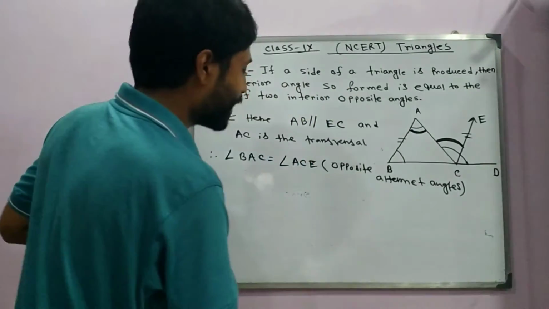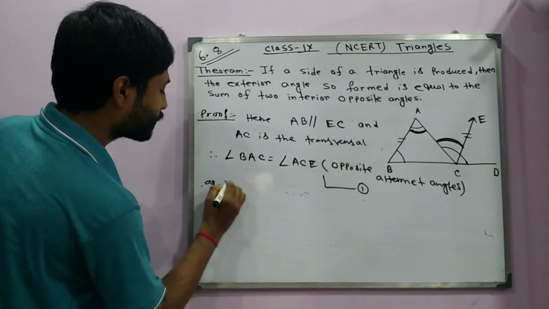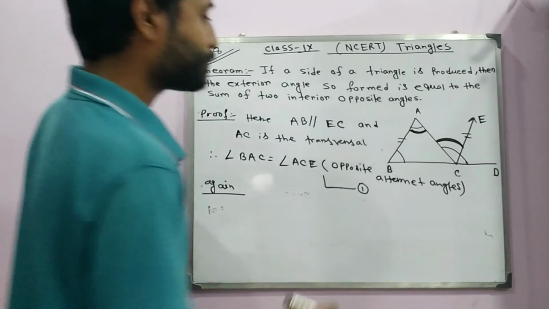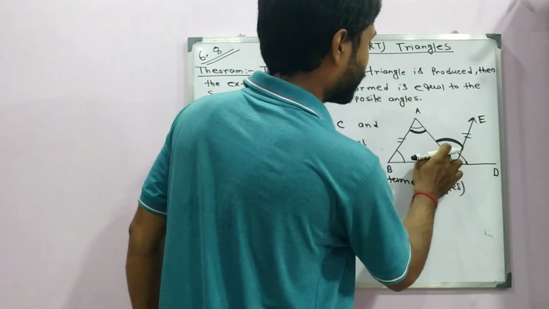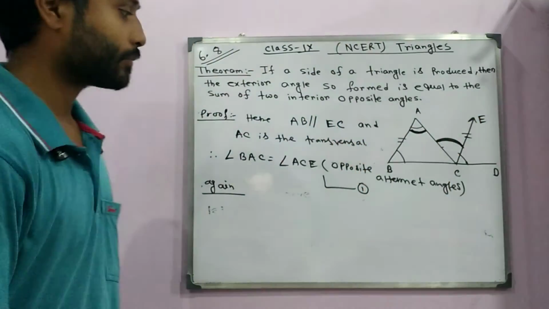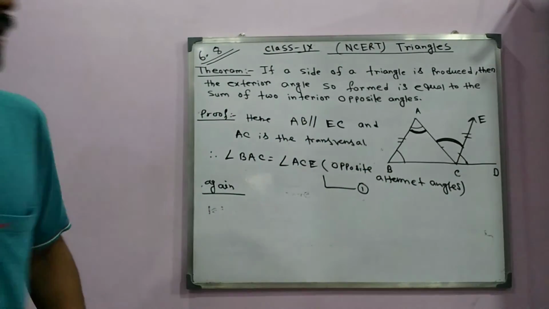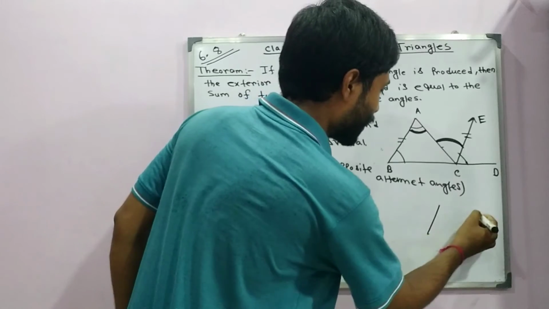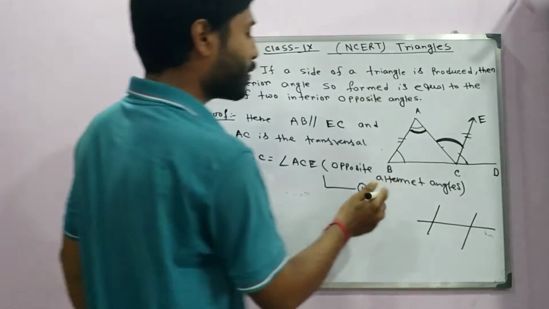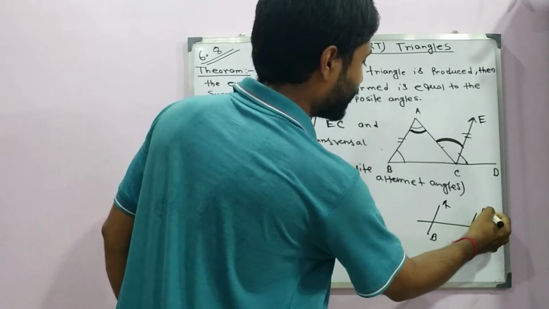So let it be named as 1. Again, look, AB is parallel to EC and BD is the transversal. Now just look at this. The figure of it is AB and it is EC.